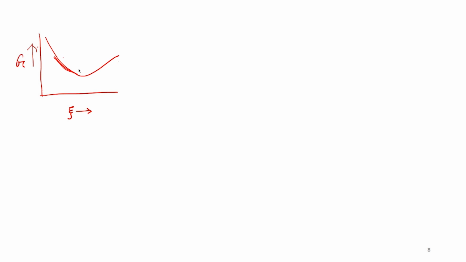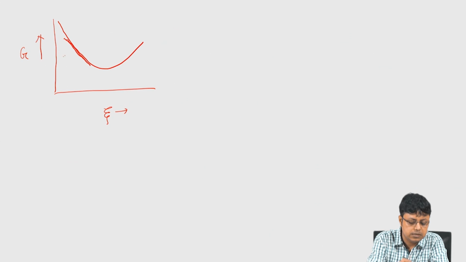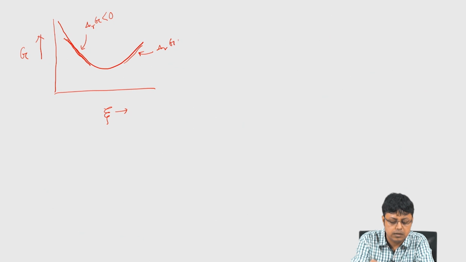we will see that the slope here is negative, which means the Gibbs free energy, on the forward direction, has a slope, this dG by d xi, whichever way we write it, which is equivalent to the reaction Gibbs free energy delta R G, and at equilibrium delta R G is 0.